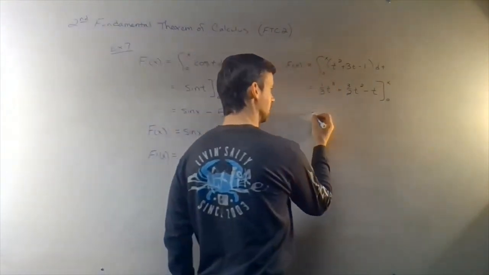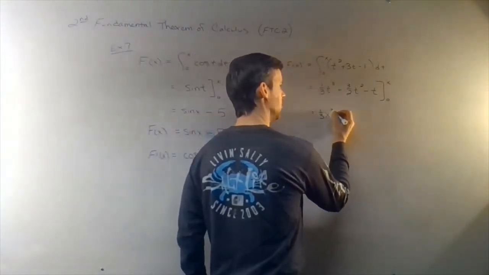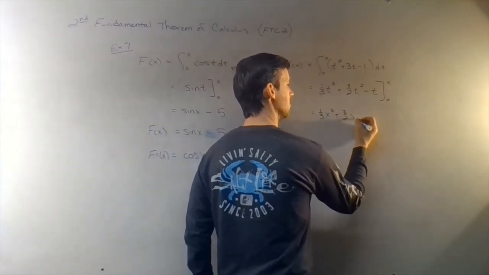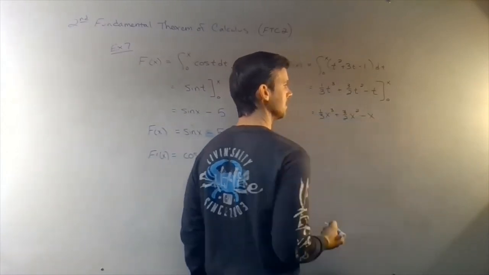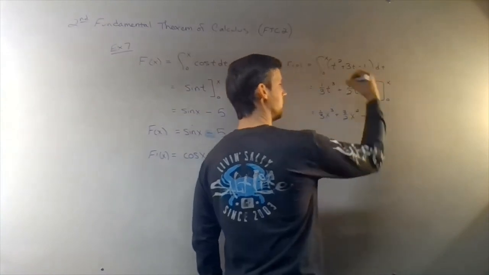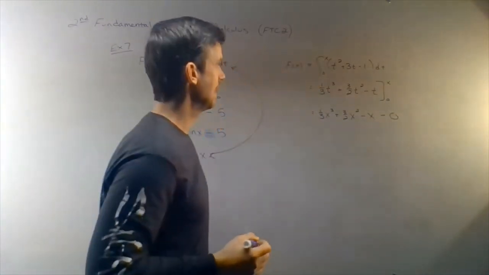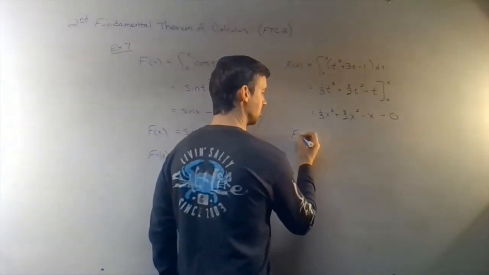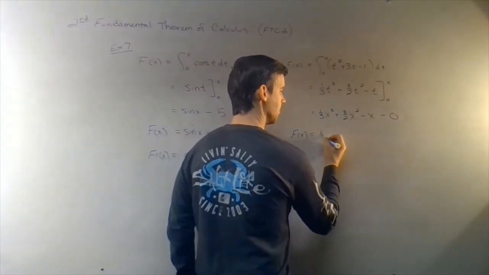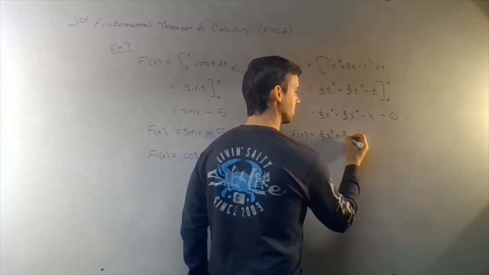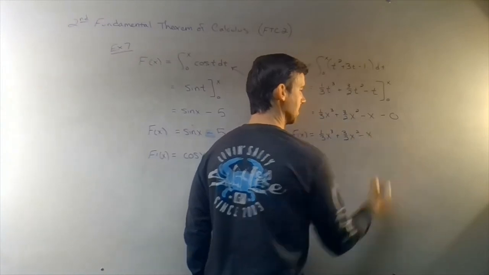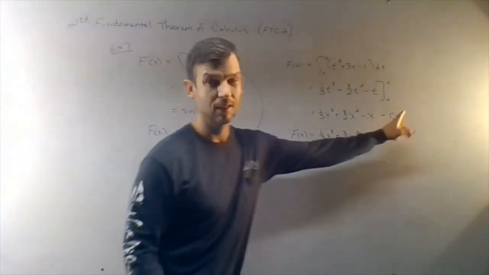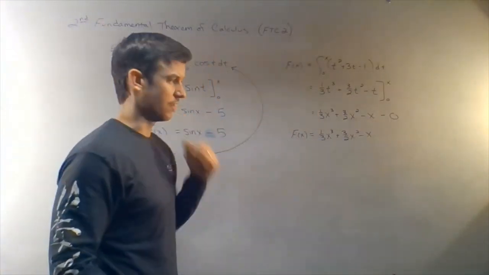We plug our x in, get 1/3 x cubed plus 3/2 x squared minus x, and then minus, we plug our 0 in, and so that means our function is 1/3 x to the third plus 3/2 x squared minus x. Once again, it doesn't matter if we ended up with a constant other than 0 there.